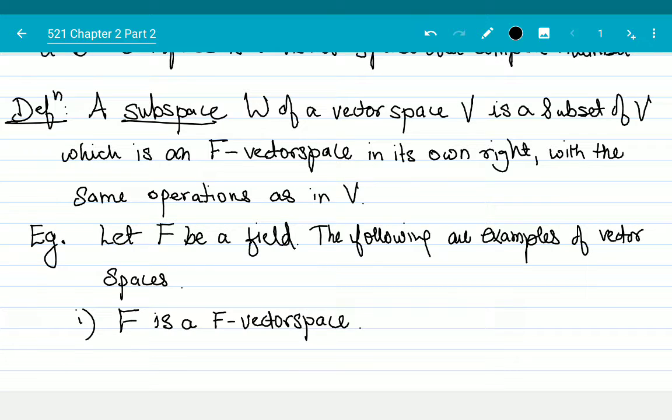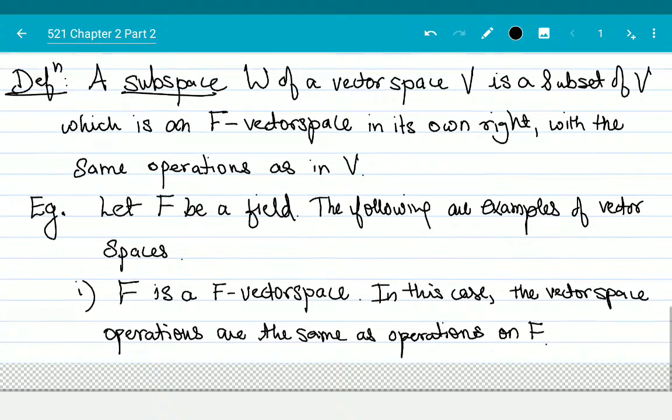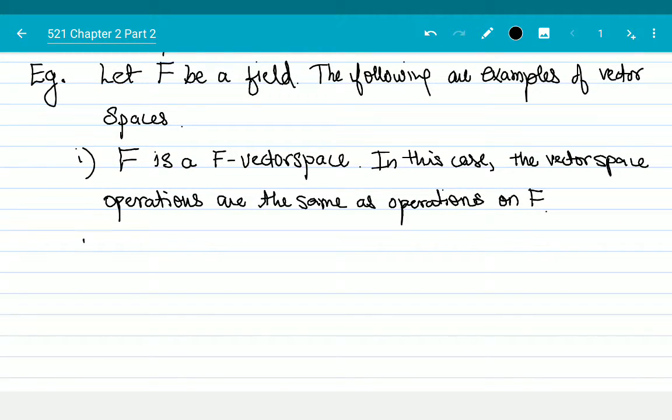In this case, the vector space operations are the same as the operations on F. Keep in mind, vector spaces do not have multiplicative inverses, because we have no multiplication defined between vectors as of now.